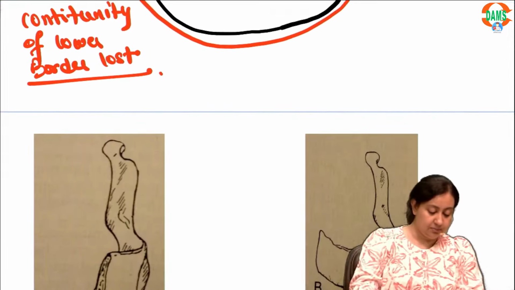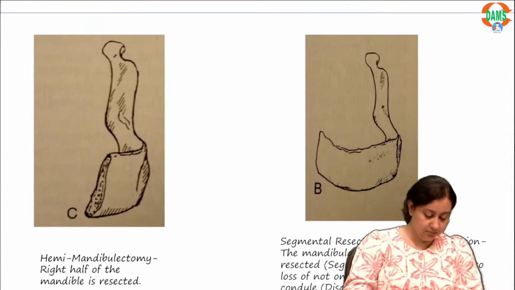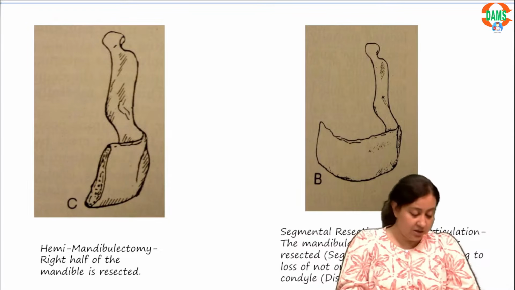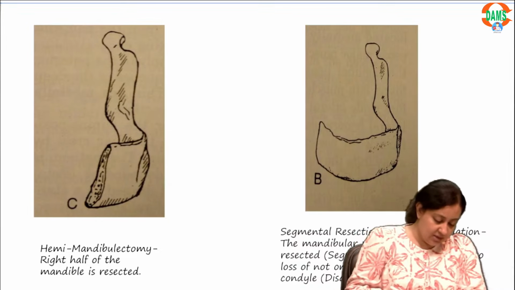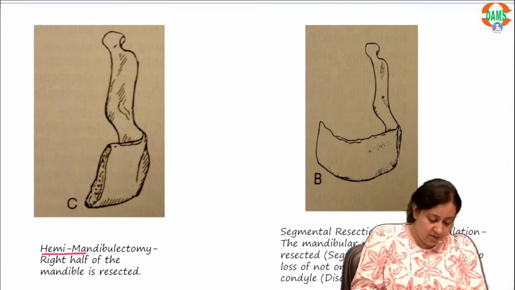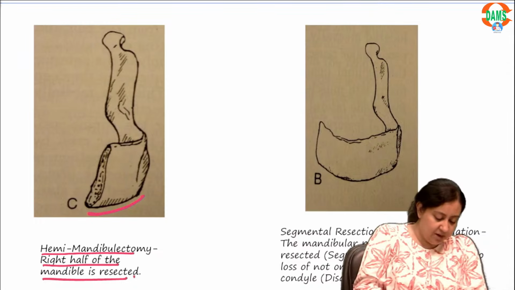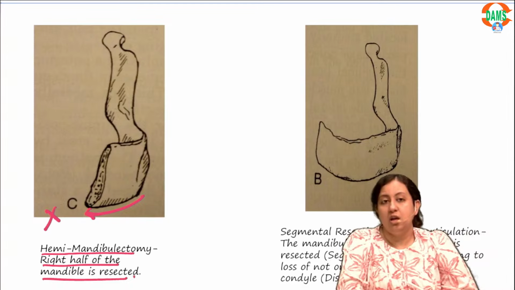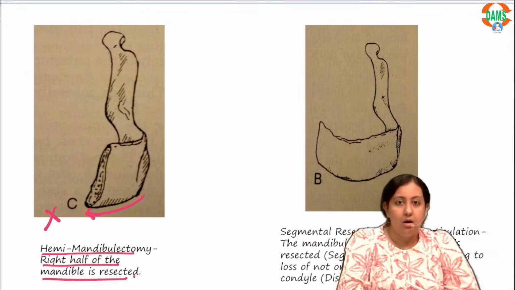Okay. Now I have two small visuals where you can understand. So here it says hemimandibulectomy, right half of the mandible is resected. So if you see here, the mandible is just till here. Beyond this, there is no continuity in the mandible. Okay.